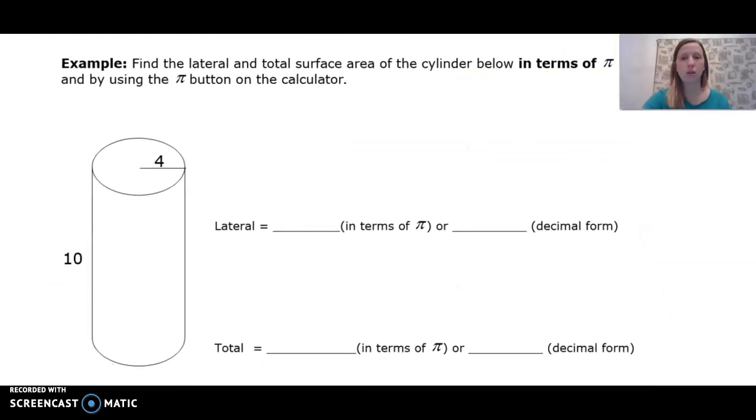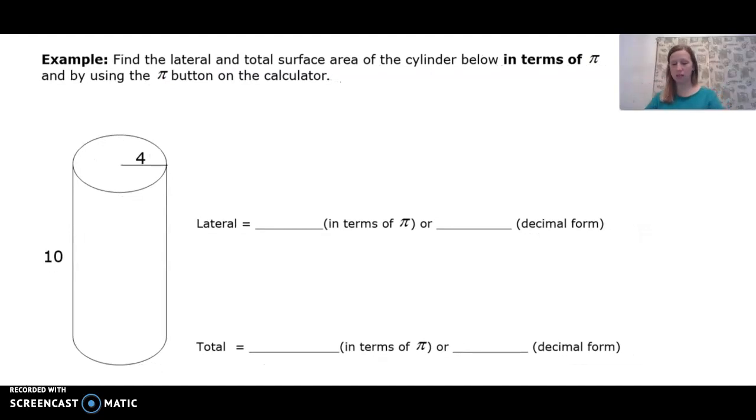All right, so the first thing we're going to do is identify what is our radius and what is our height. The height is 10 and the radius is 4. So to find our lateral surface area, the formula is 2 pi RH. Now we're going to plug in the two things that we know, 2 pi. The radius is 4 and the height is 10.